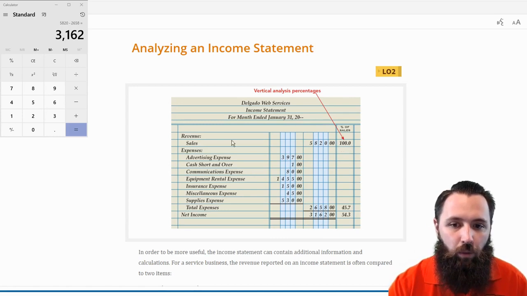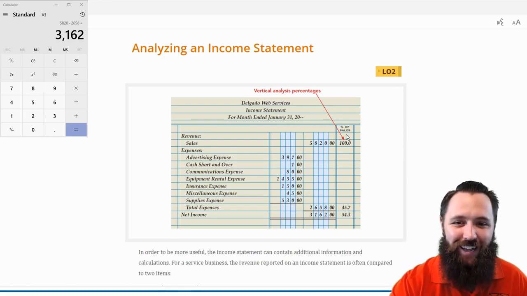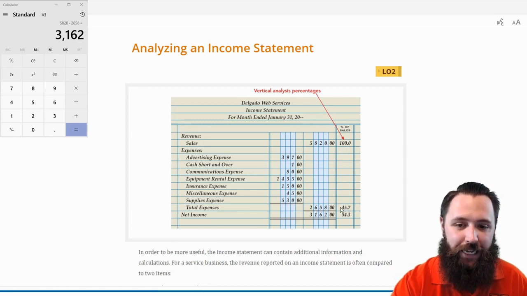Here, with revenue of sales, it literally says percent of sales. What percent of sales is our sales? It's 100%. So we don't have to do any calculation. Every other financial ratio is compared to sales.